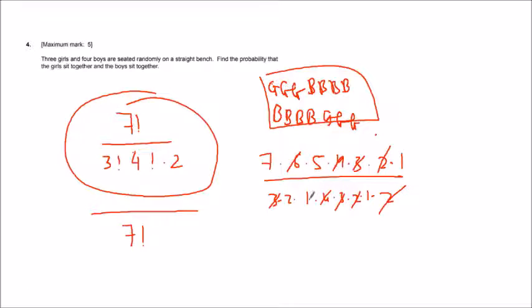So 6 is 2 times 3. Okay, that doesn't really make sense, because we're supposed to put the 2 on the top. I'm sorry.